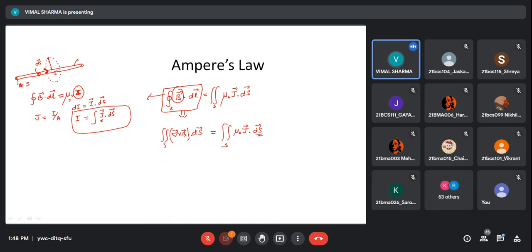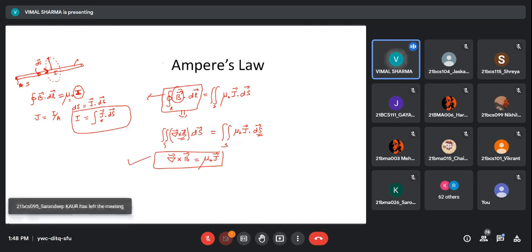Now I can again equate integrands on both the sides. So curl of B, the magnetic field, is equal to mu naught times J, where J is current density. This is the same Ampere's law, but in differential form.